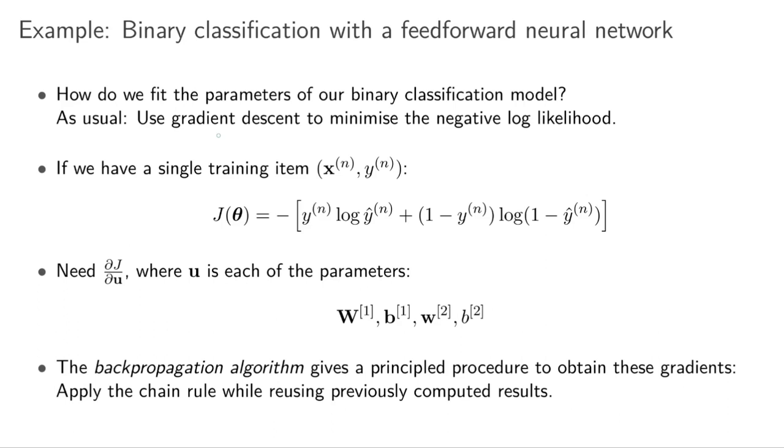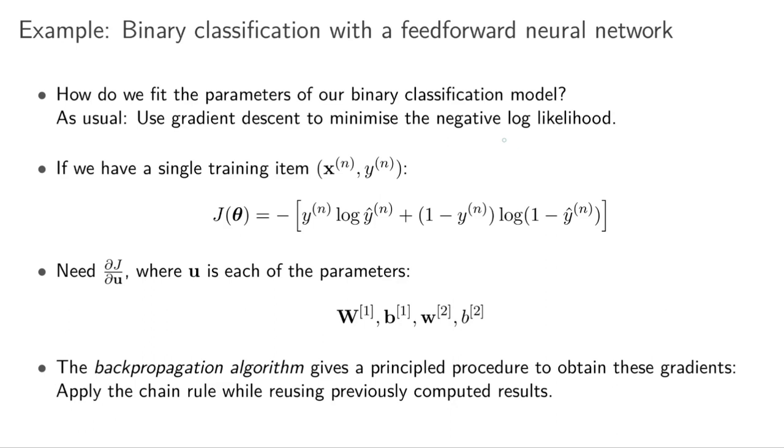And as usual, as we did in binary logistic regression as well, we're going to use gradient descent to minimize some loss function, and specifically we're going to use the negative log likelihood. Now for this example, I'm going to make a big simplifying assumption, which is that we only have a single training item xn, yn that we're going to fit the model to.